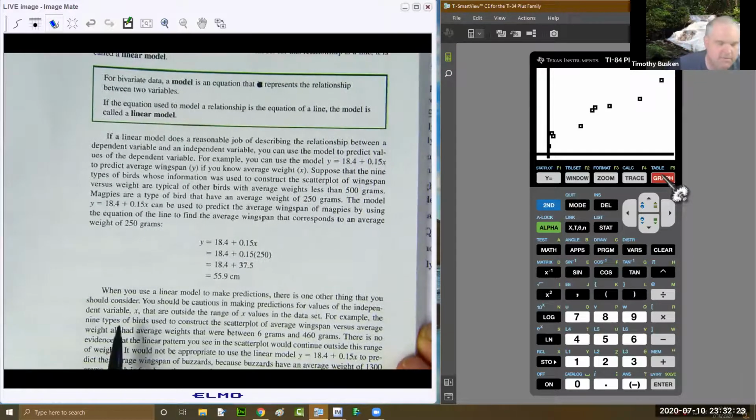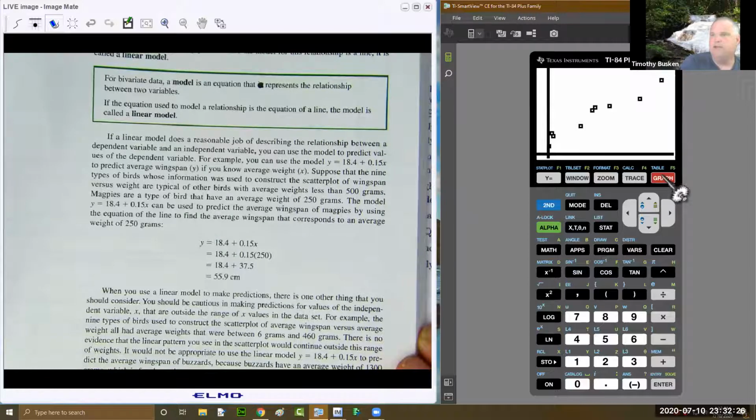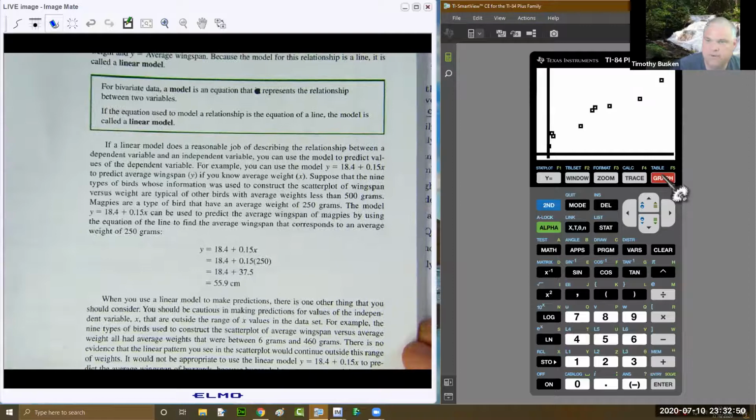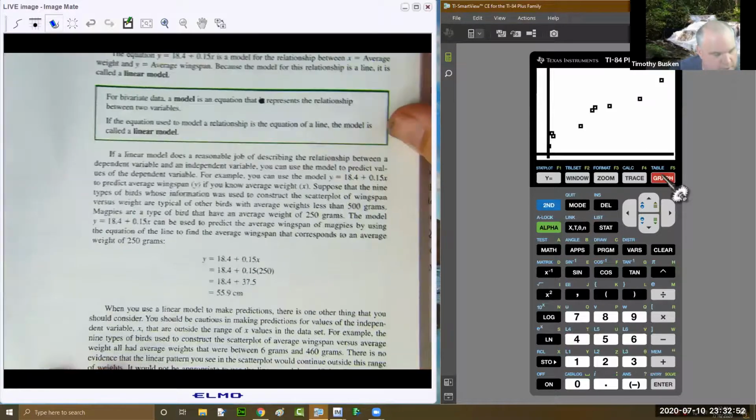So whenever we're going to find linear models called the regression line model for sample bivariate data, we're going to use those models to make predictions, and we're only going to do this when the relationship between X and Y is a strong linear relationship or correlation.